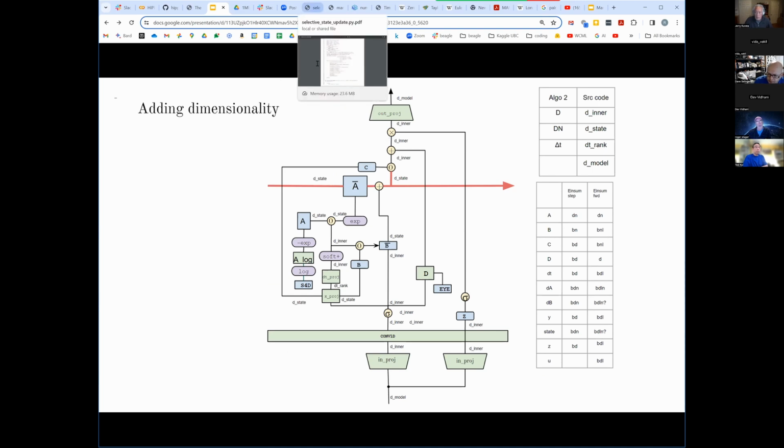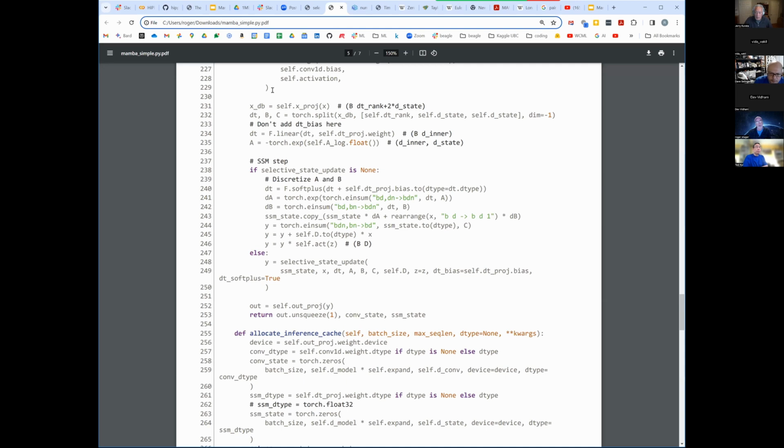I just want to say something quickly. This whole Z thing is not the residual connection. Actually, the residual connection is around this whole block, and you don't show it in the block in the diagram that you have.